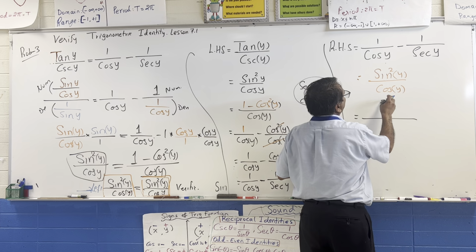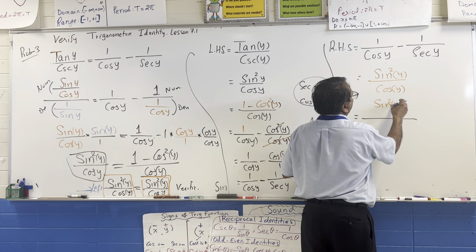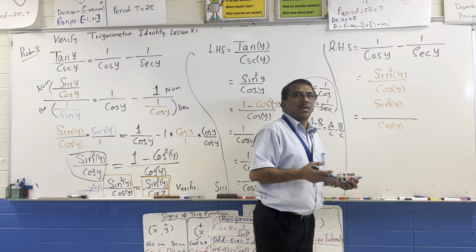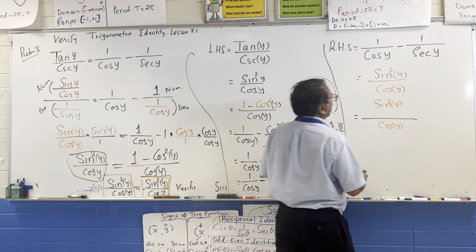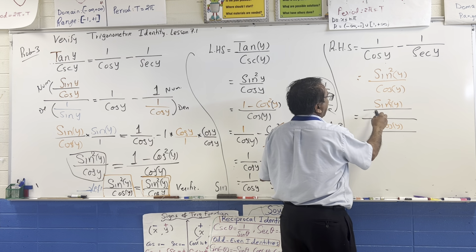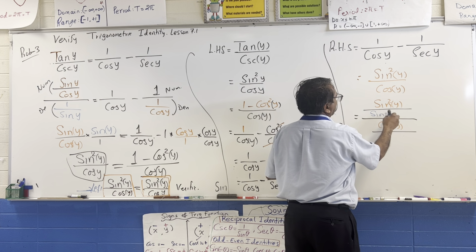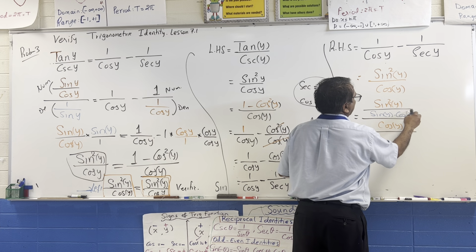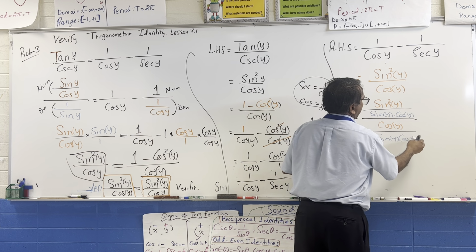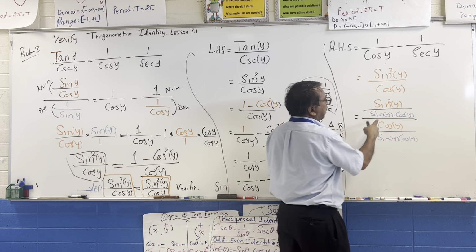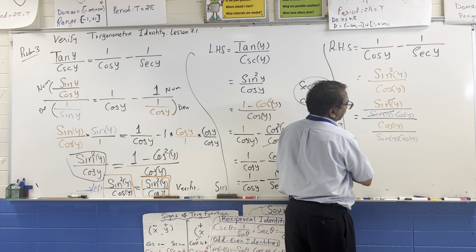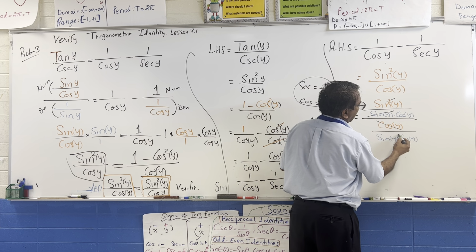So keep sine square y and cosine y as it is. And both the numerator and the denominator, let's divide by sine y. Then you can see one of the sine y will cross out, and this cosine crosses out.